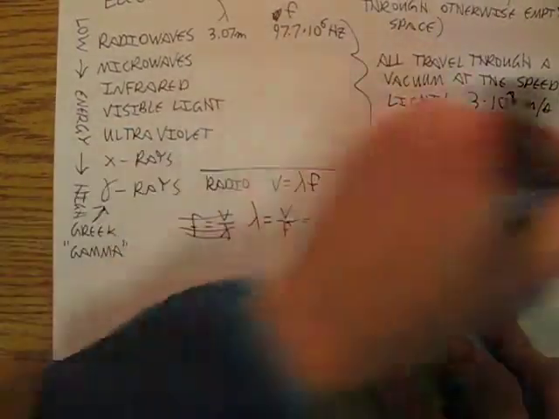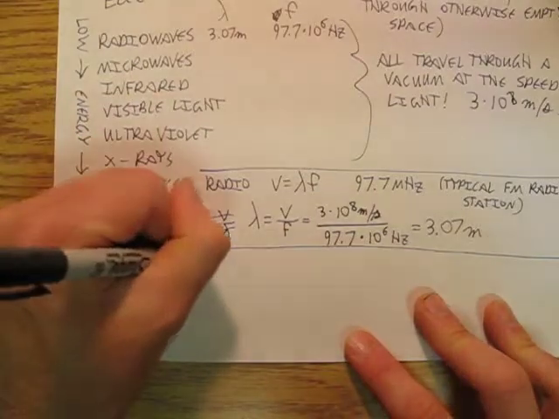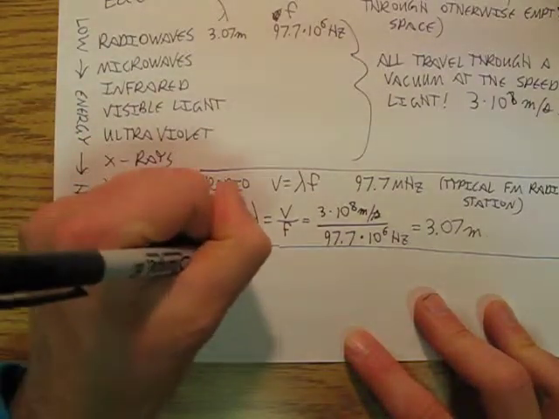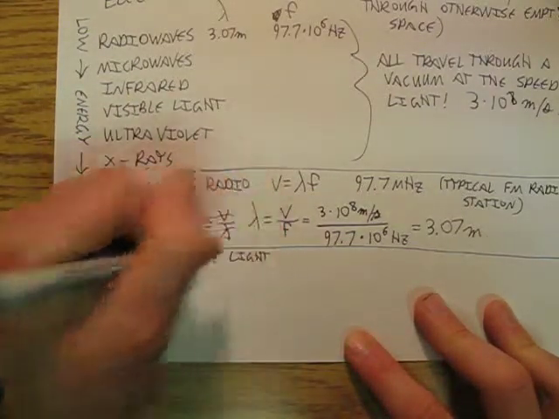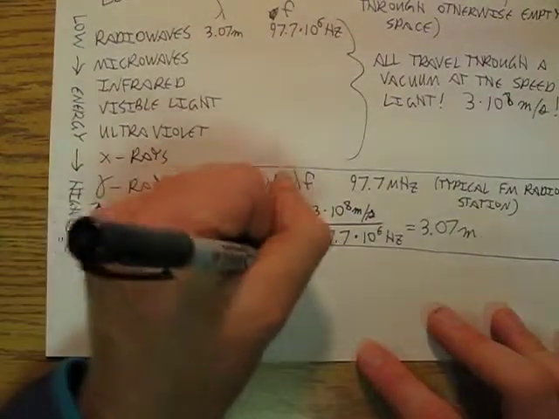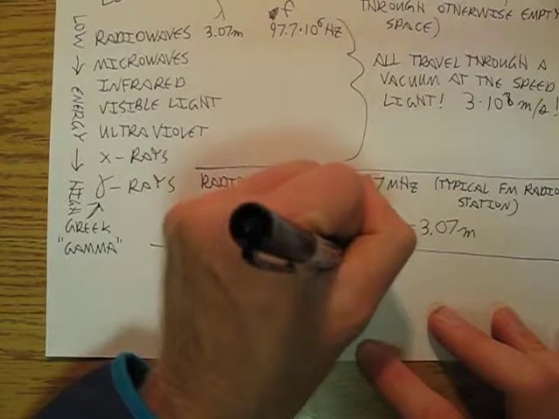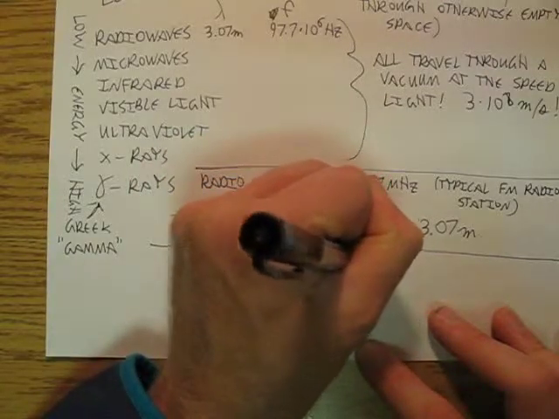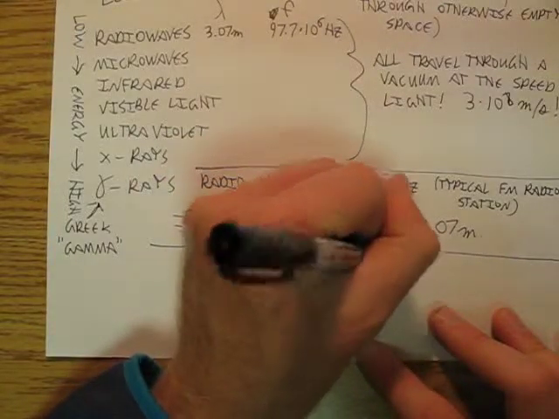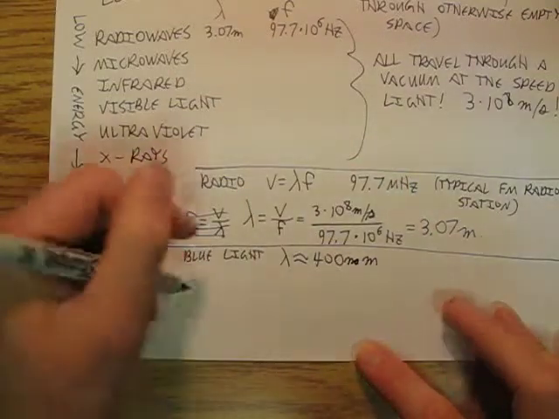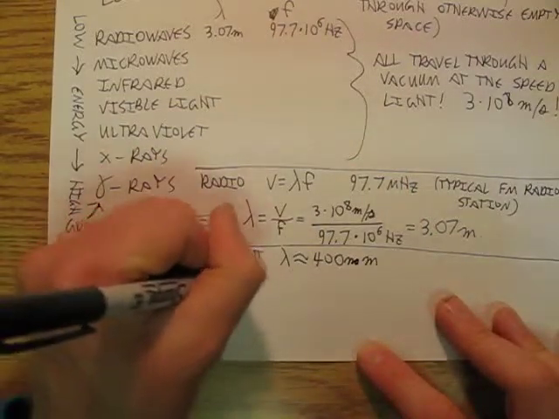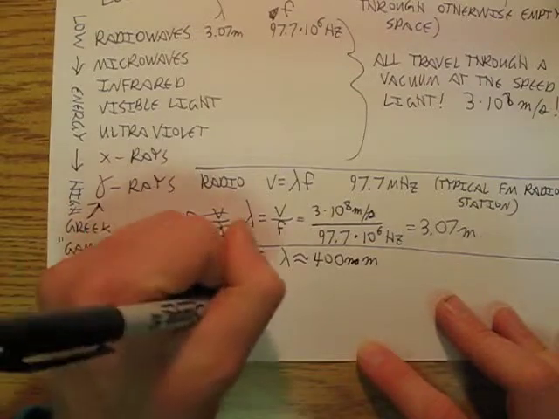And then I'm going to look at, say, blue light. It has a lambda of around 400 nanometers. And so we're going to say f equals v divided by lambda.